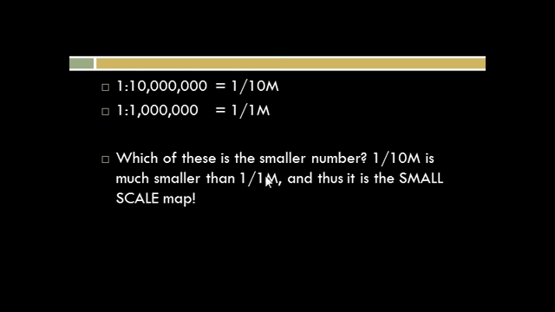Which of these two numbers is the smaller number? 1/10 million is a much smaller number than 1/1 million, and thus it is the small scale map. So if you see that representative fraction and you think about it as a fraction, whichever of the two numbers is the smallest is going to be the number that represents the smaller scale map. And that then is the science behind what we would call over the course of the semester a large scale versus a small scale map.